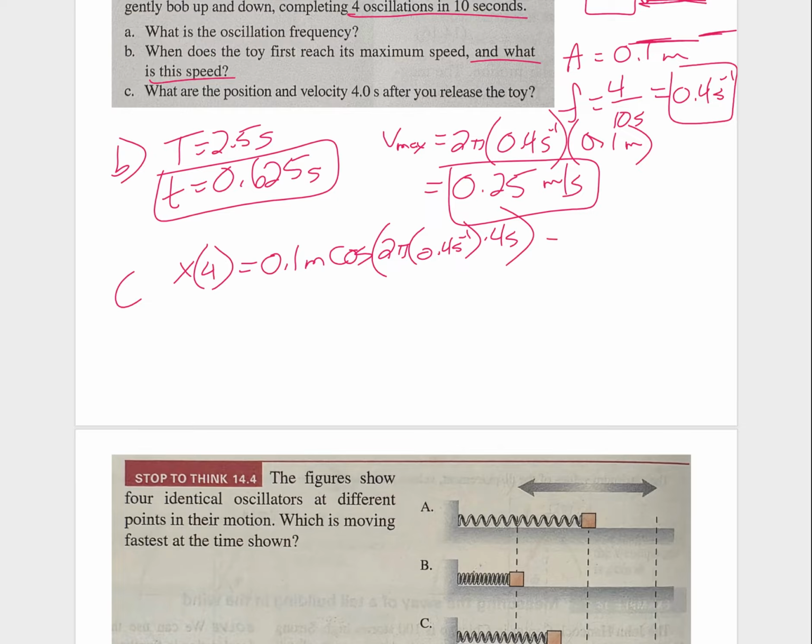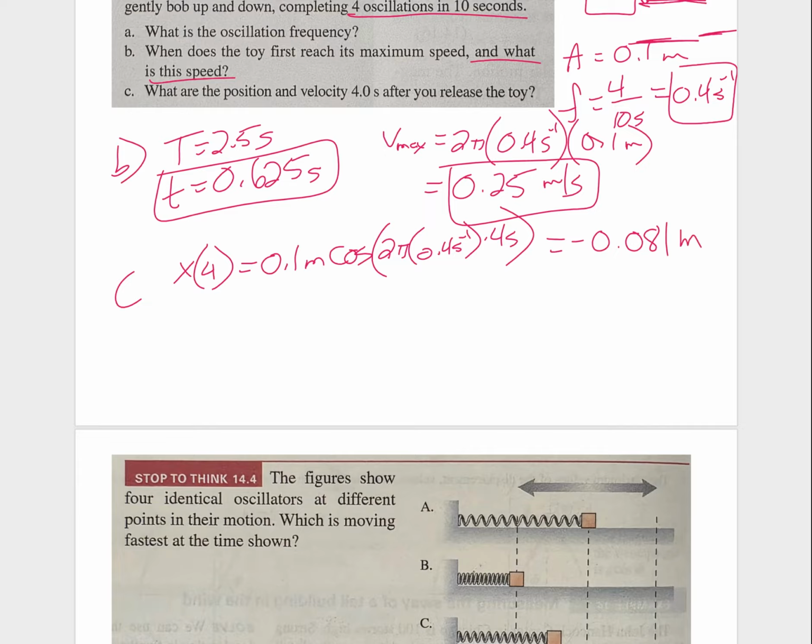And we're left with just meters. What do we get? Radians, not degrees. Okay, negative 0.080902, so 0.081 meters, right?